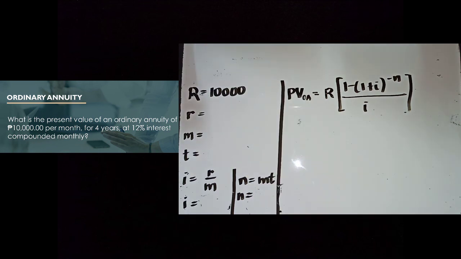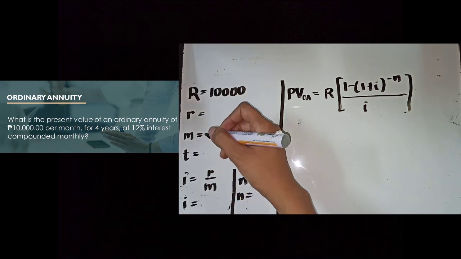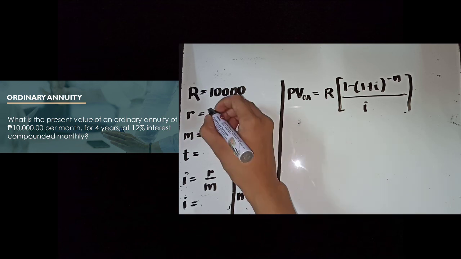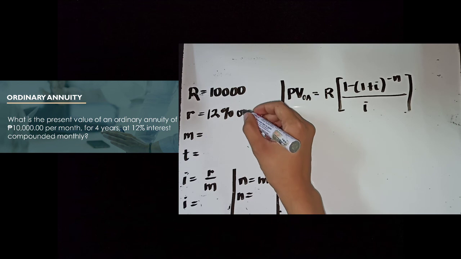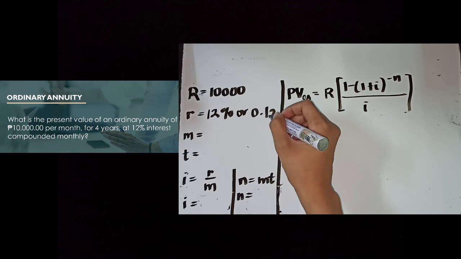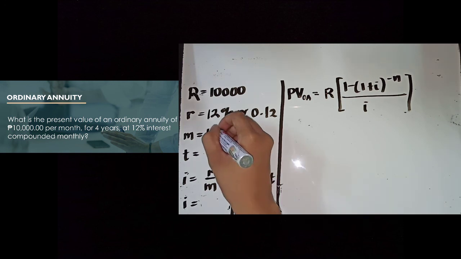Okay, so R natin, capital letter R is 10,000 pesos. And the annual interest rate is 12%. So, the value of your small letter R is 12% or 0.12. And the value of your M. Okay, so ang M natin is 12.